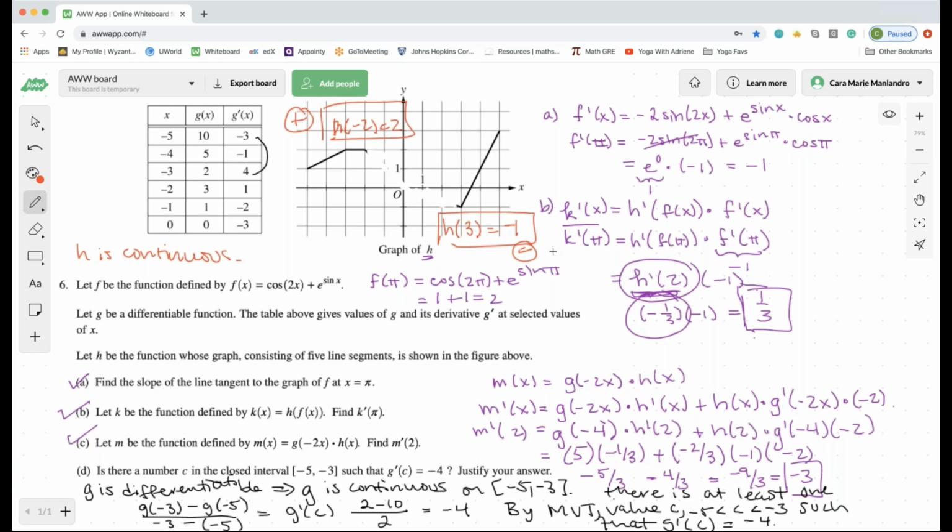Because we go from positive to negative. That's when you use the intermediate value theorem. All right, and you would just say, by the intermediate value theorem, since h is continuous, there must be at least one value between -2 and 3 such that h is 0. All right, and you only get that with continuity, right? But remember, if you have differentiability, then it implies continuity.